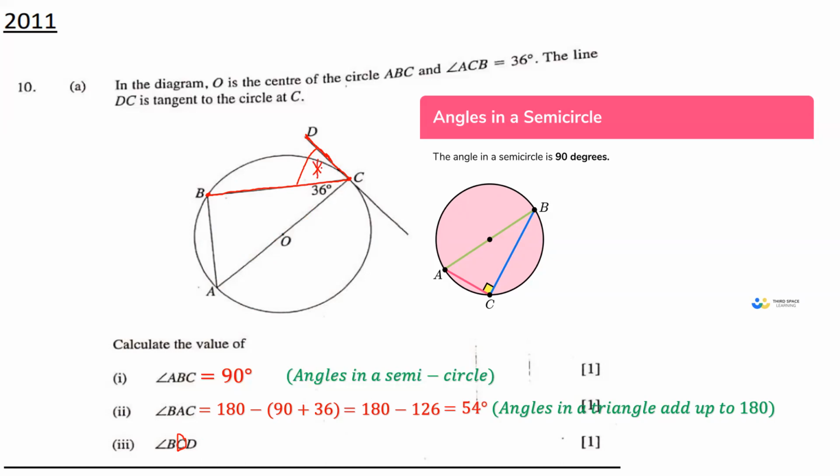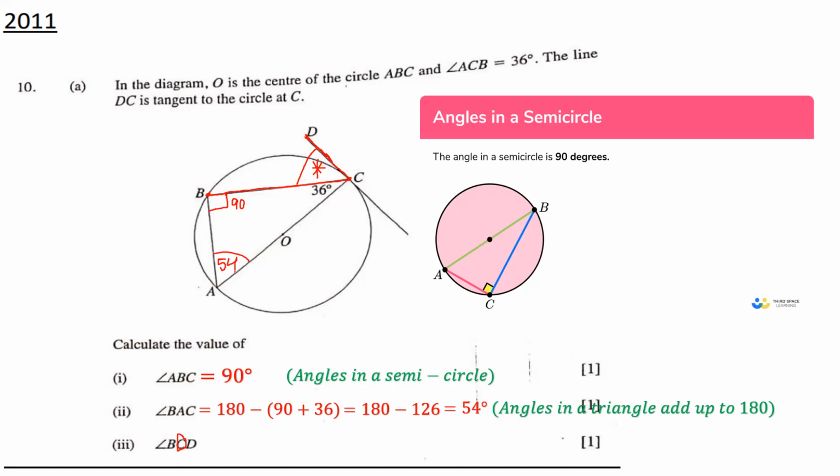It's important to note that this angle here, like we saw before, was 90, and also important to note that this angle, as we saw before, was 54 degrees.